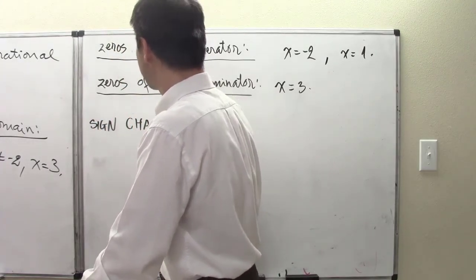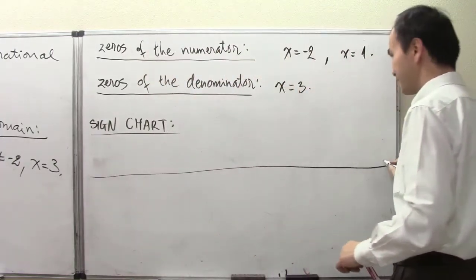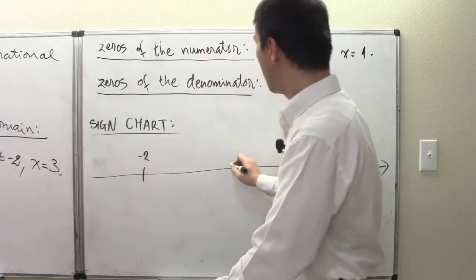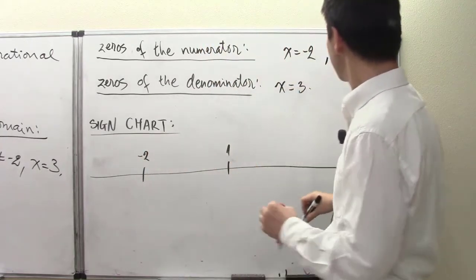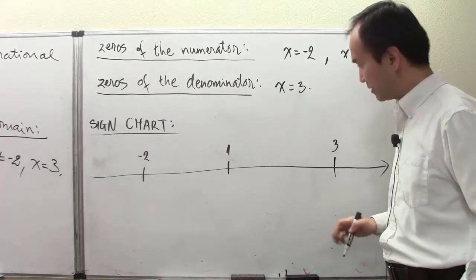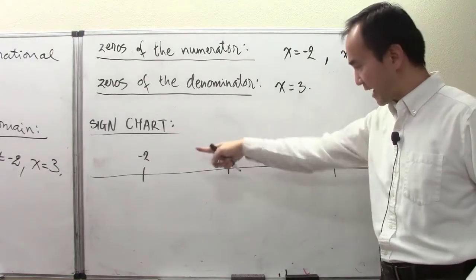So for the sign chart, the entire line of real numbers is here. We have -2, we have 1, and we have 3. Arranging these three values on the number line from left to right, that's how they look.